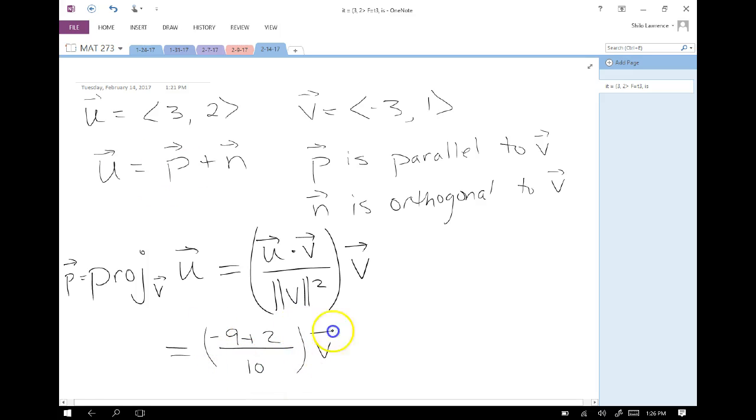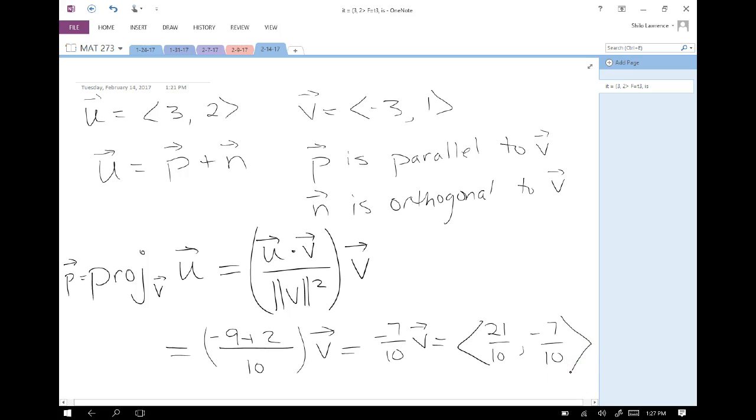That's going to give us a coefficient to multiply through into V. So negative 9 plus 2 is negative 7, so we've got negative 7/10 that we're going to multiply in to V. Negative 7/10 times negative 3 is going to be 21/10. Negative 7/10 times 1 is negative 7/10.